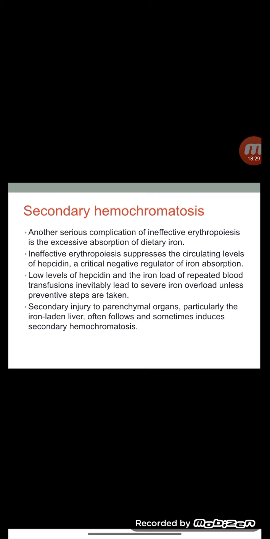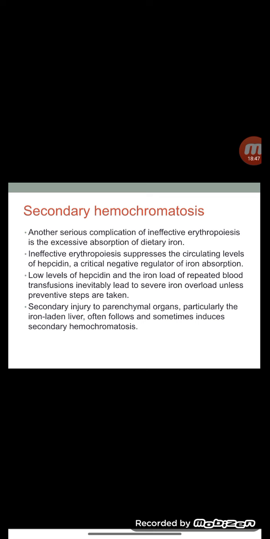Low levels of hepcidin and the iron load of repeated blood transfusion inevitably lead to severe iron overload unless preventive steps are taken. Secondary injury to parenchymal organs, particularly the iron-laden liver, often follows and sometimes induces secondary hemochromatosis.